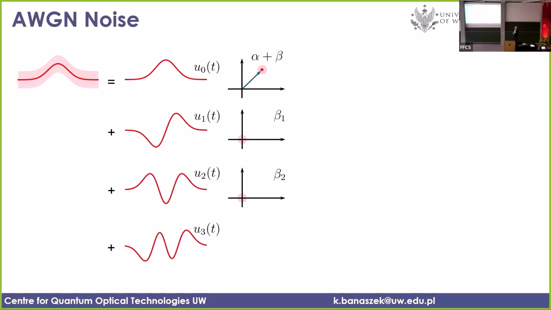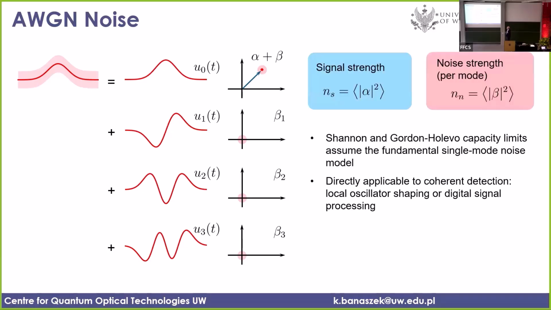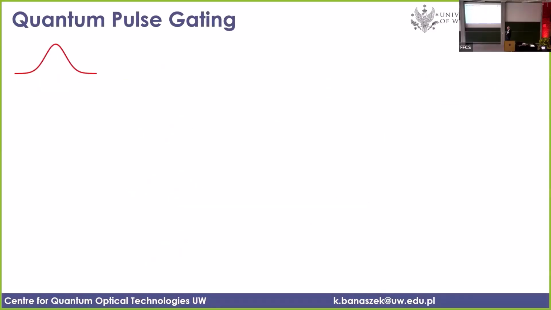The reason for that is that our noise is usually broadband, and if we do standard filtering, namely like an optical interference filter and temporal gating, we pick up noise from other temporal modes that are orthogonal to the mode carrying our signal. So actually, this is not really directly relevant to how people detect such signals.